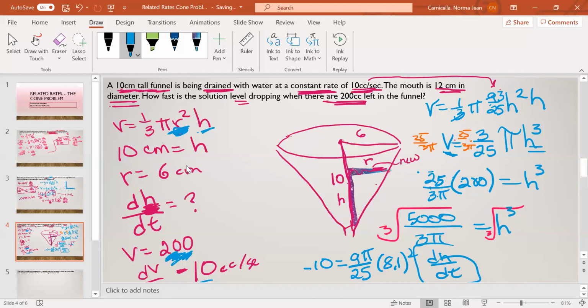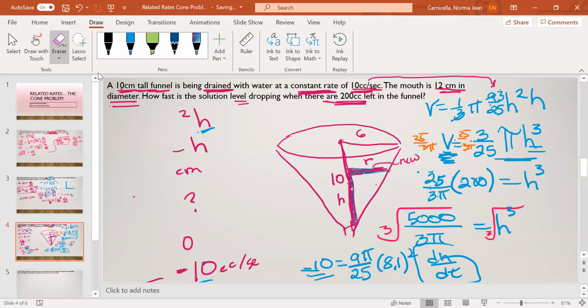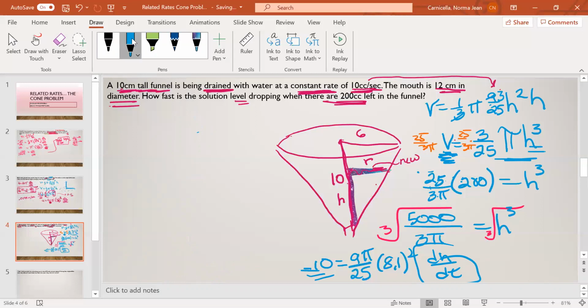We needed dV/dt because we wanted to take the derivative of our volume formula.